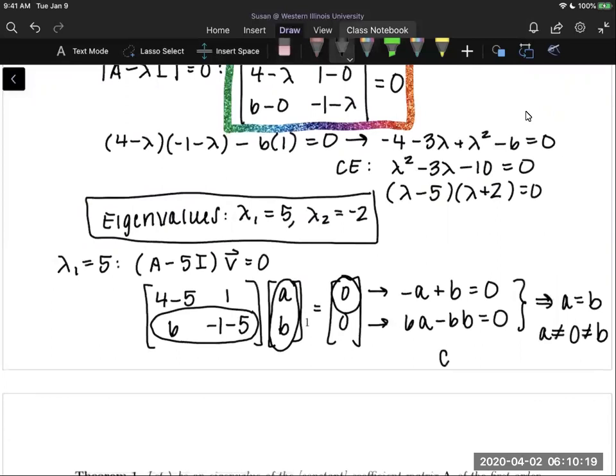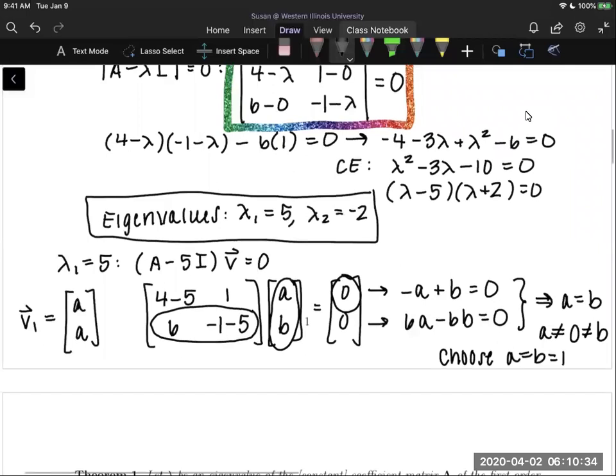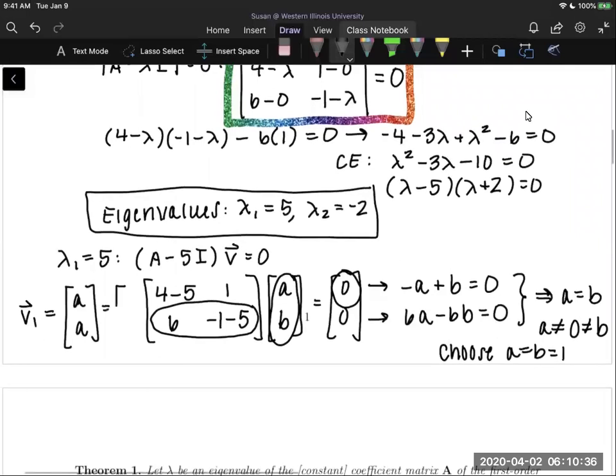I'm going to choose a equals b equals 1. So our eigenvector, which I'll call V1, is of the form (a, a), and I'll make the choice (1, 1). So here is our eigenvector, the eigenvector associated to lambda 1 equals 5.